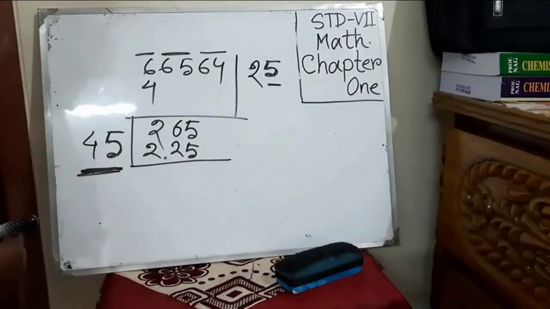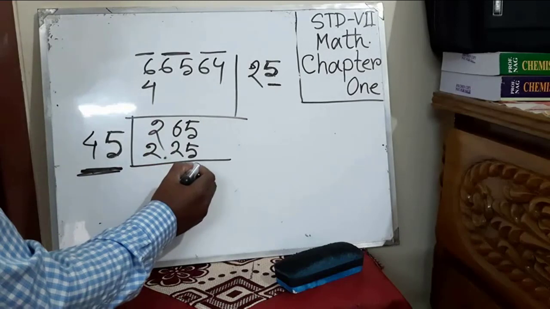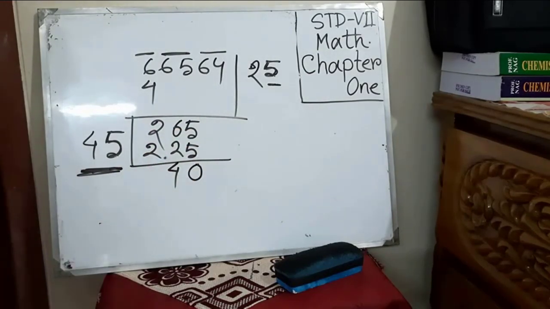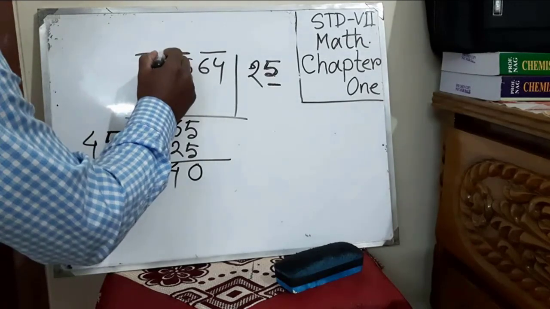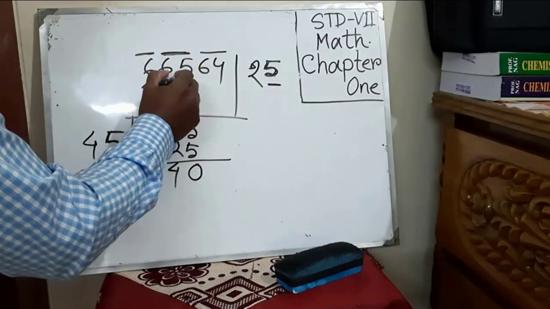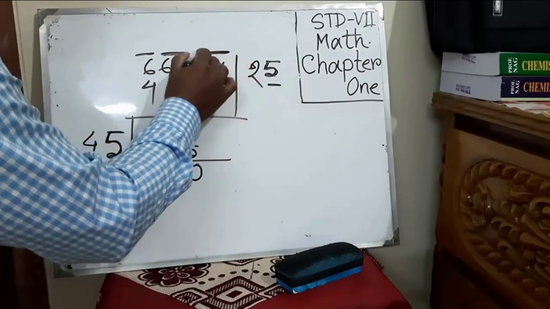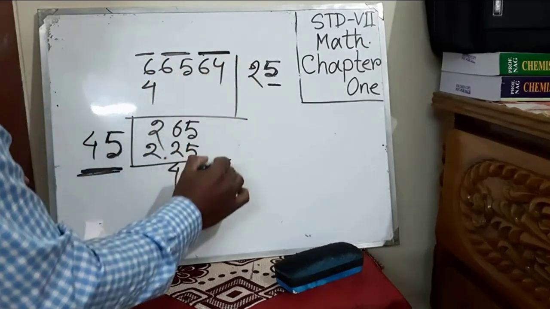Okay, then now what's the procedure? We will subtract: 0, 5 and here 4. Then what we'll do? We have brought down this pair, so we have done this pair. Then what's the next pair? 64. This pair, not 6 only.